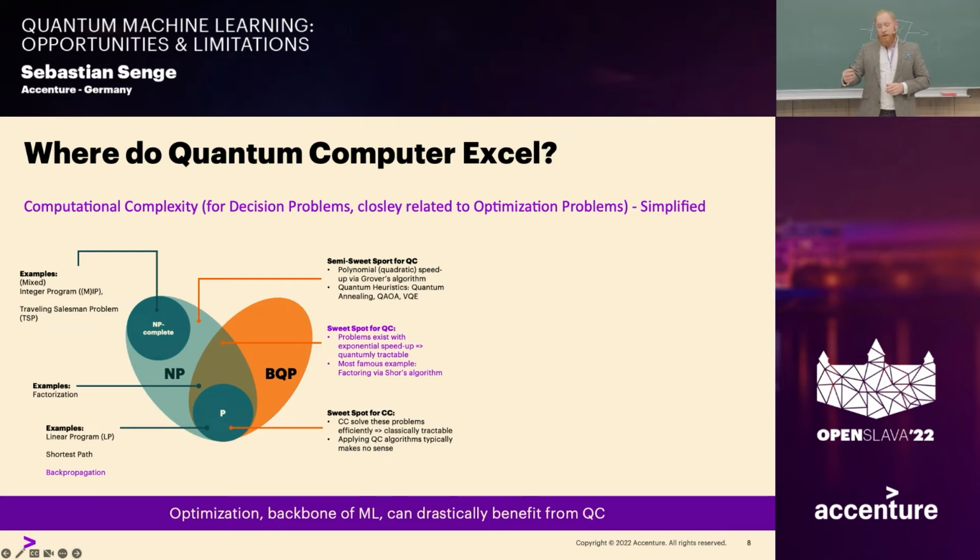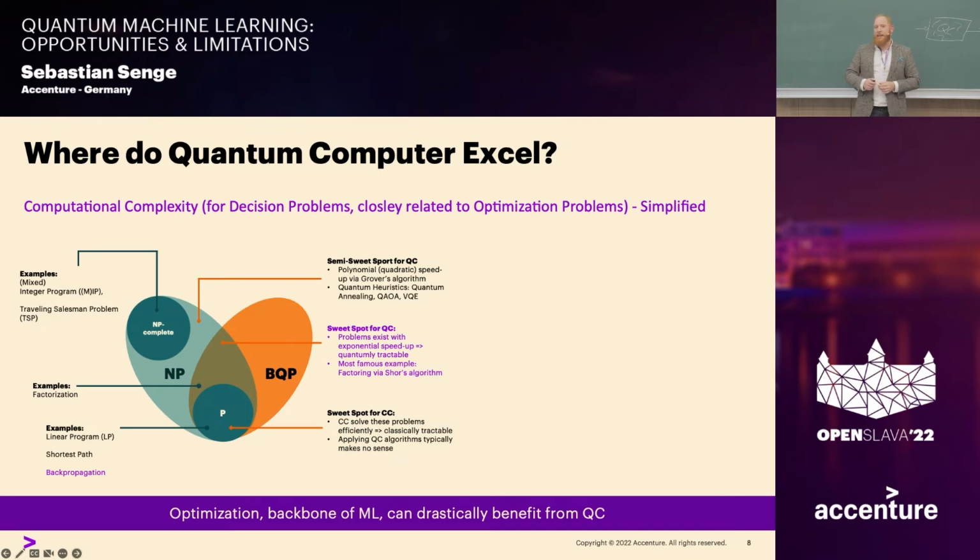Right? So we know, and that is basically the semi-sweet spot, as I called it, we can get a polynomial, basically a quadratic speed up for these problems, but not an exponential speed up, which is what we basically want to get. And for this overlapping part, for example Shor, the problem of factorizing very large numbers, there we can get an exponential speed up.